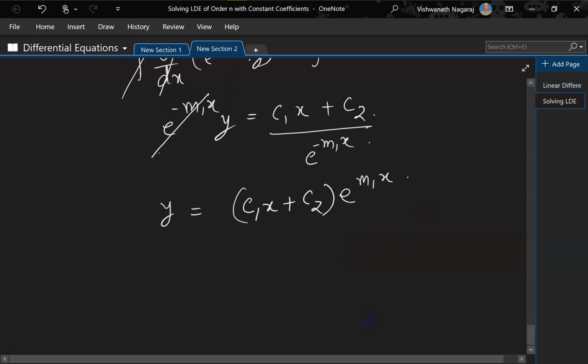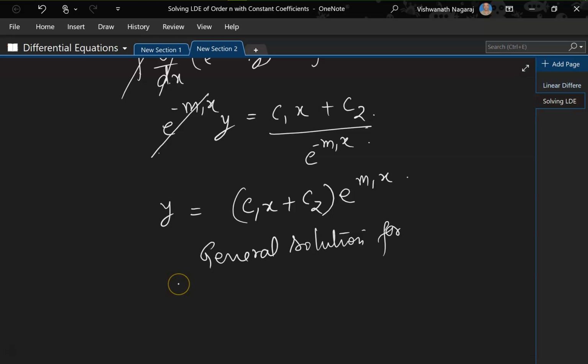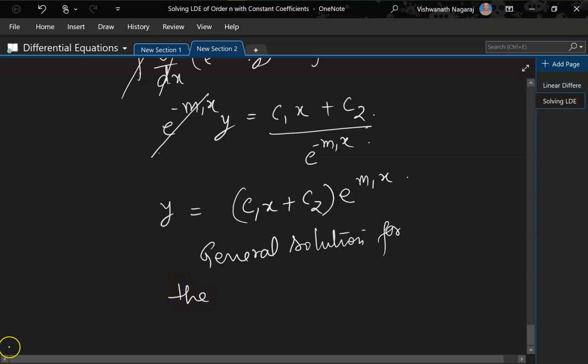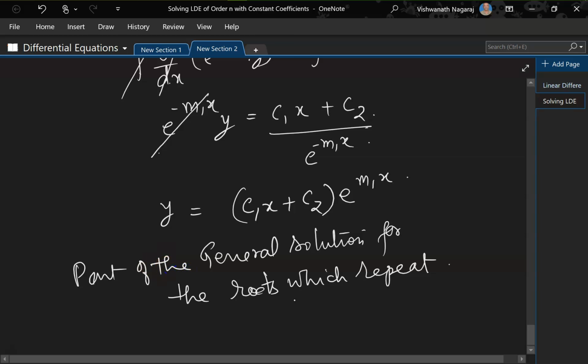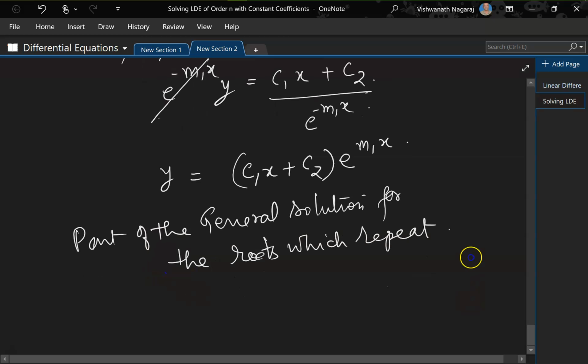So what we have arrived at is the general solution for the roots which repeat. Actually, to be more precise, I should say part of the general solution for the roots which repeat.